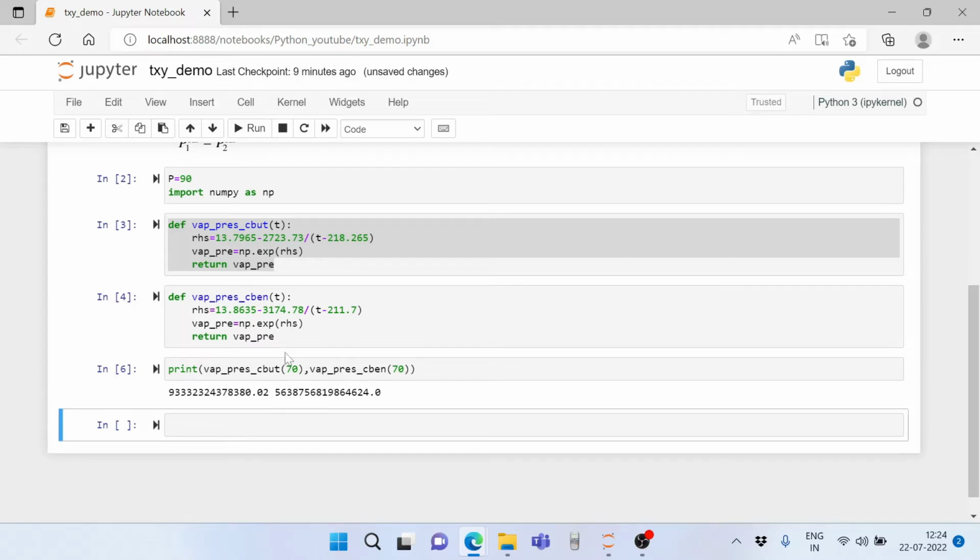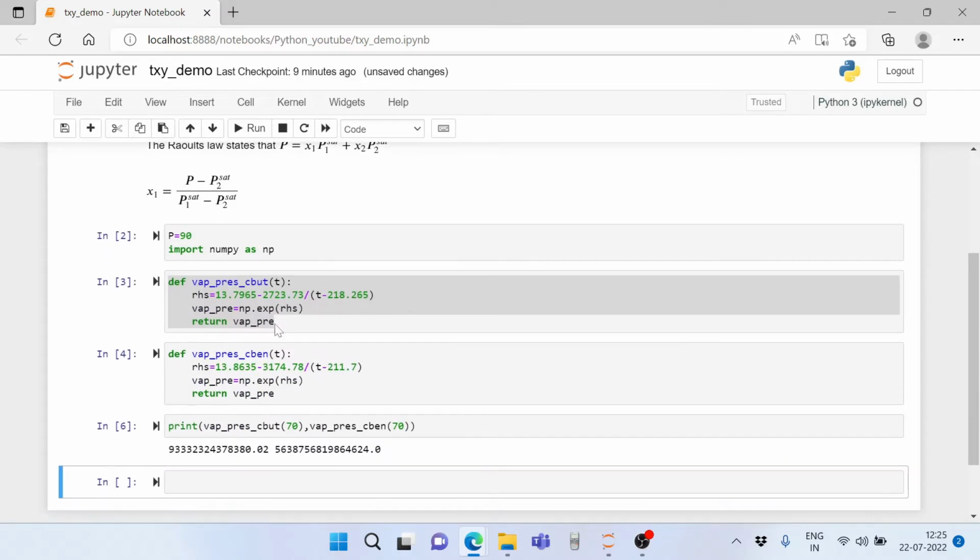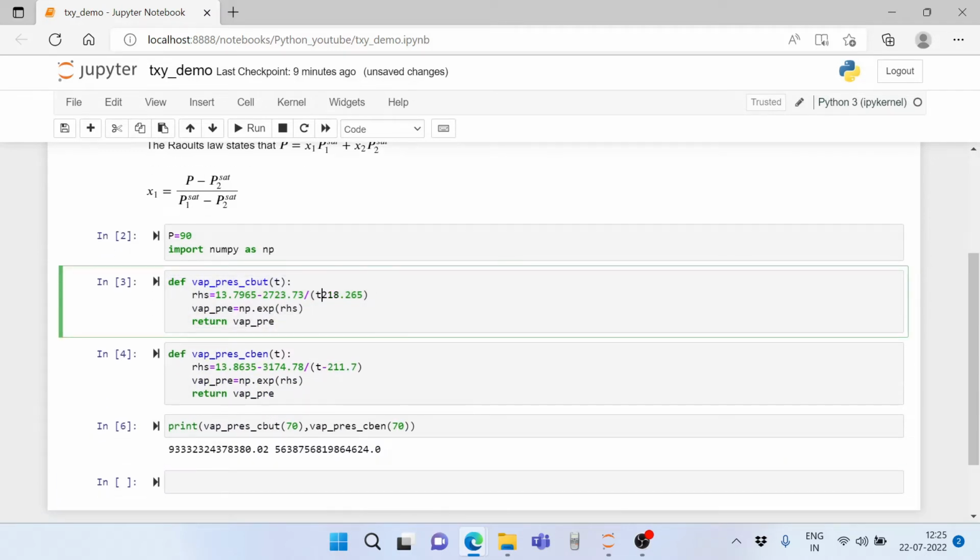So what we have here is the value of T, and the pressures don't seem to be right at 70 degrees Celsius. Let's check if the constants have been entered correctly. Yes, they have. A slight mistake was that I have to put a plus here.